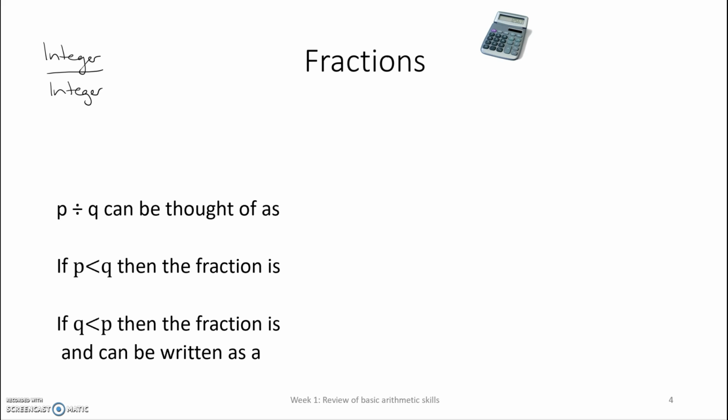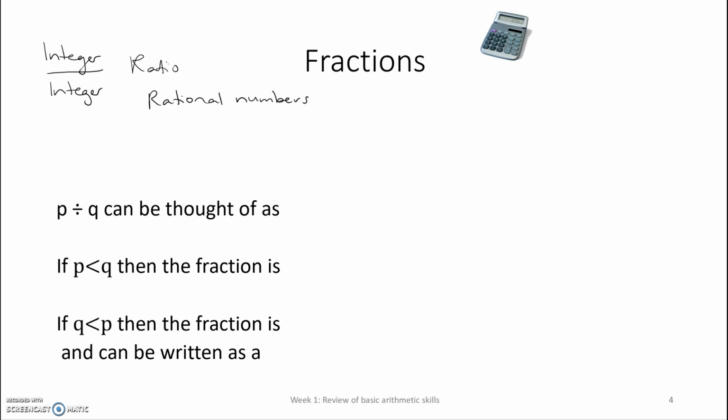This is a ratio. One of the short videos looks at ratio. This is a ratio, and this is why they're called rational numbers, because they can be expressed as a ratio, which is, as we know, a fraction.